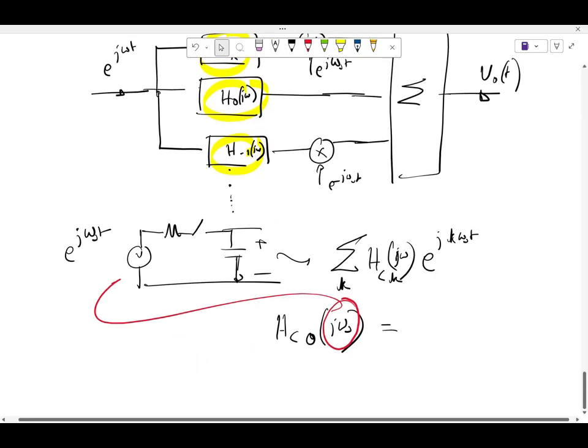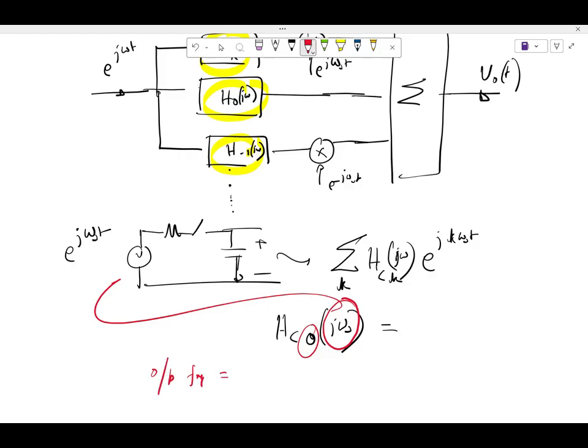What is the output frequency? It's the sideband number times omega s plus the input frequency. Correct? So your output frequency is equal to the input frequency plus the sideband number times omega s.